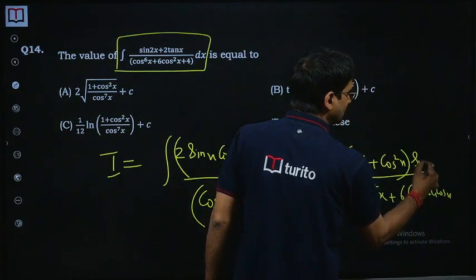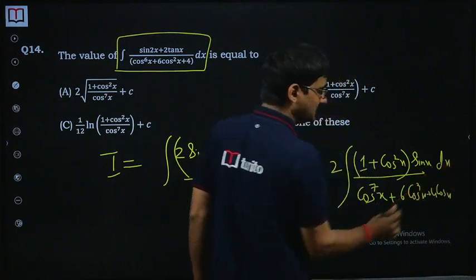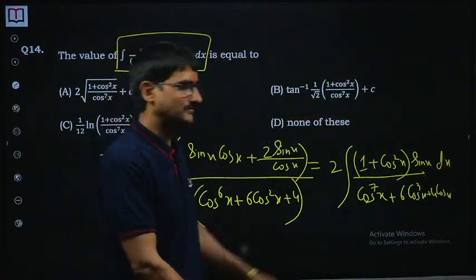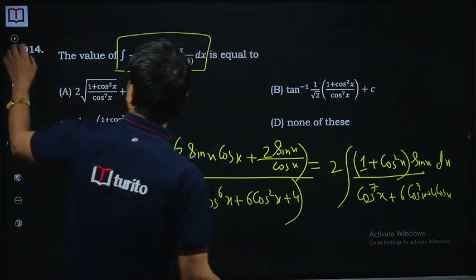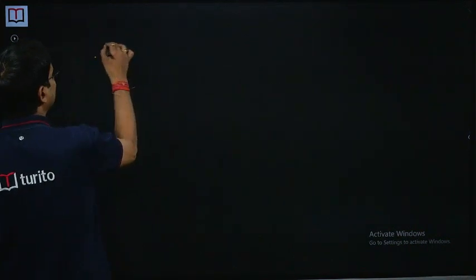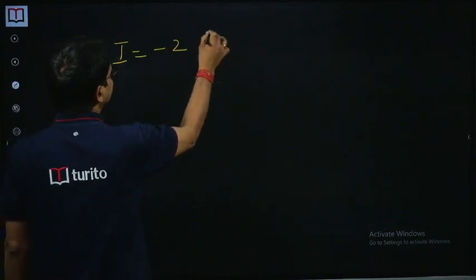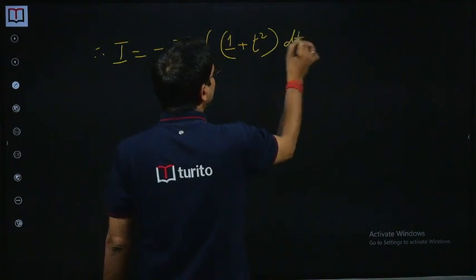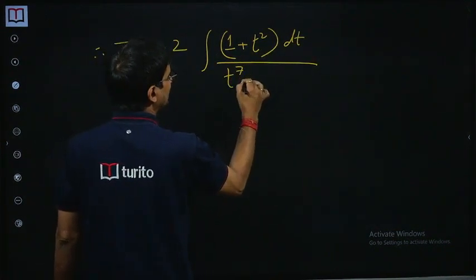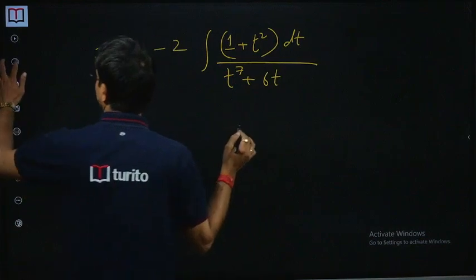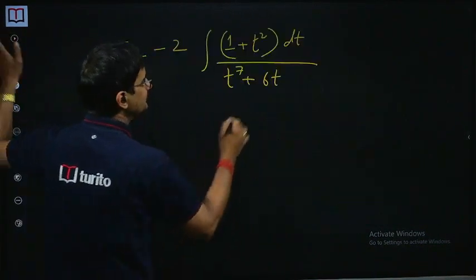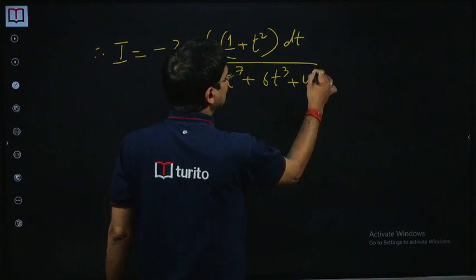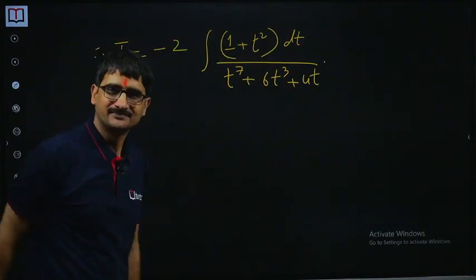And of course we have seen this step is very clearly evident, visible. What we have to do? We will replace cos x by t, so the integral is minus 2 (1 plus t square) dt upon t raised to the power 7 plus 6t cube, if I am not wrong, yeah, plus 4t.